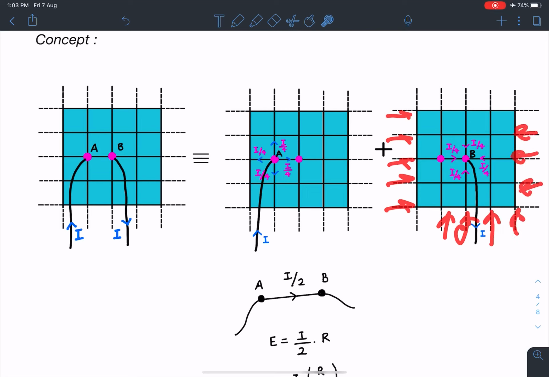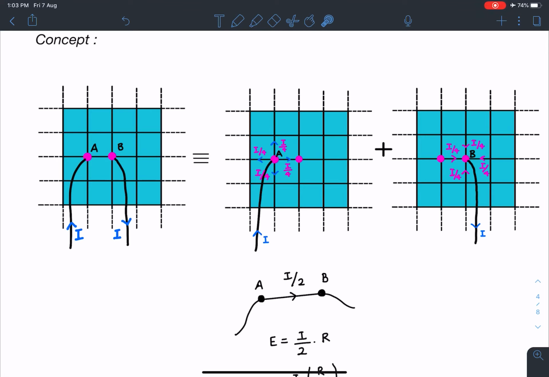So the way this current has gone in the first diagram from point A to infinity, in similar fashion this current is going to come from infinity to the point B, some intermediate point of the grid. So from here by symmetry I can say the immediate resistors, these 4 resistances, will have I by 4 current for sure.